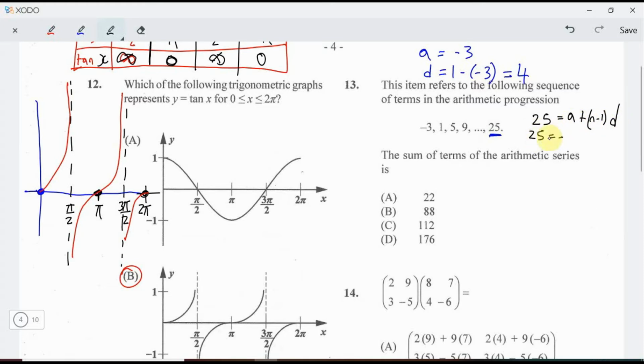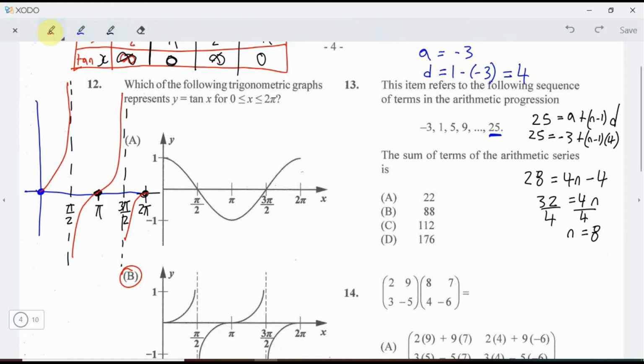So 25 equals negative 3 plus n minus 1 times our common difference of 4. Bring over the negative 3, so we get 28 equals 4n minus 4. Bring over the 4, so 32 equals 4n. Divide by 4, so n equals 8. So there are 8 terms in this arithmetic progression.